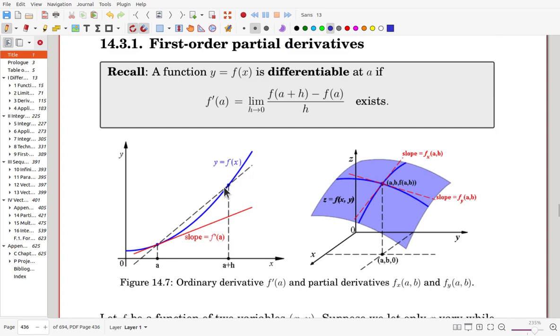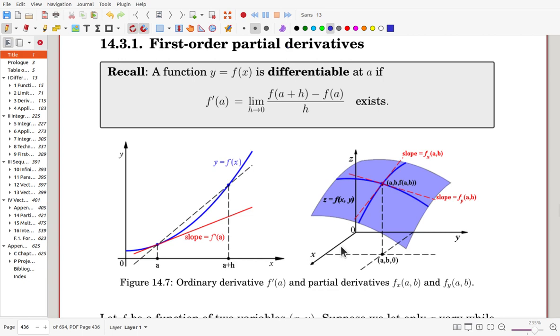This quotient indicates the slope of this secant line as h approaches 0. In this case, the average slope converges to this instantaneous slope. And we call this slope the derivative.